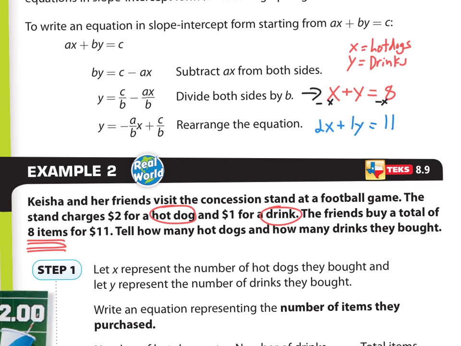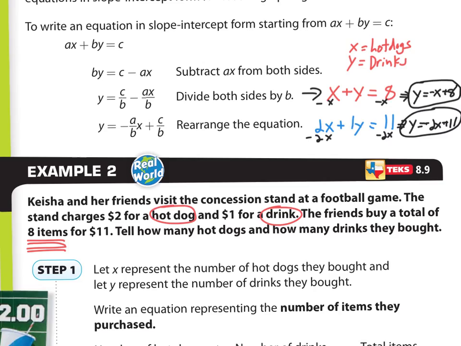Now you can't actually subtract x from 8 because we don't know what x is, so we're just left with negative x and the 8. So there's my first equation. Down here, I want to get rid of the 2x, so I'll subtract 2x from both sides. That gives me 1y is equal to negative 2x plus 11.